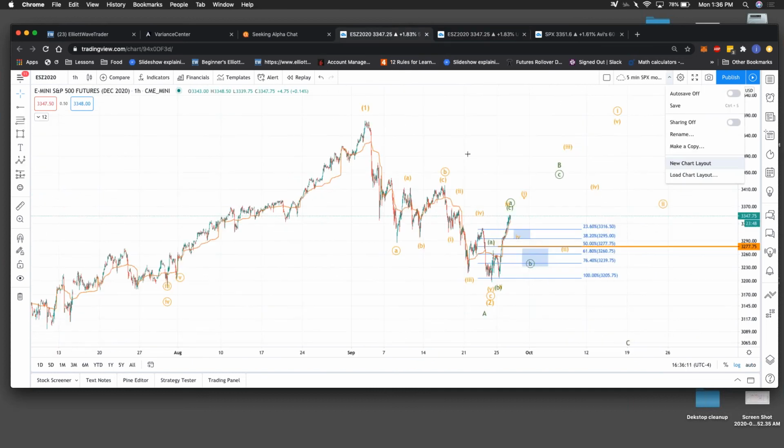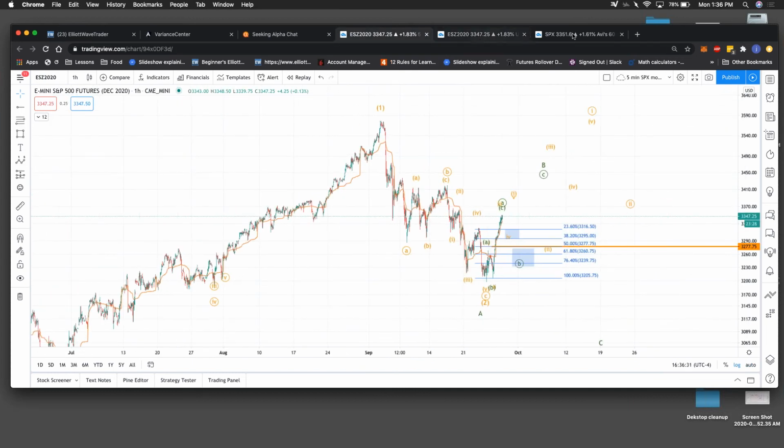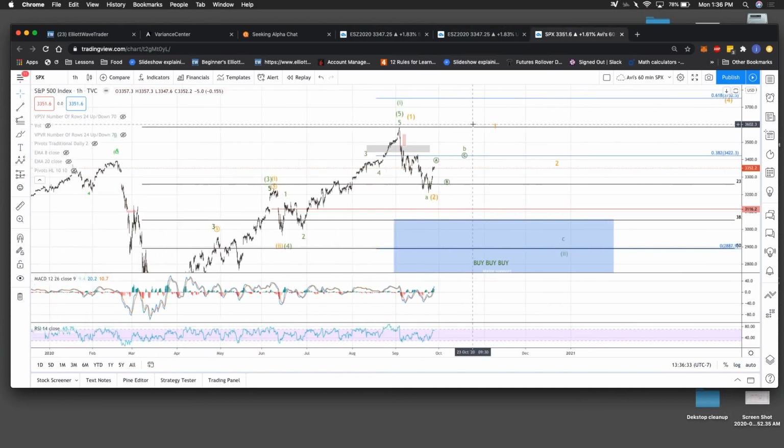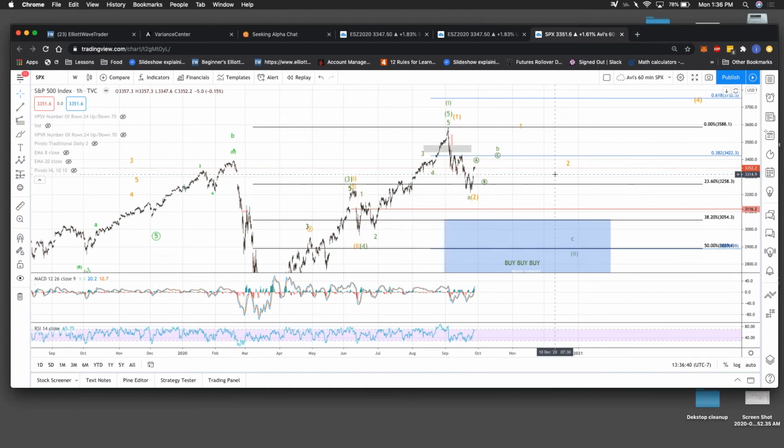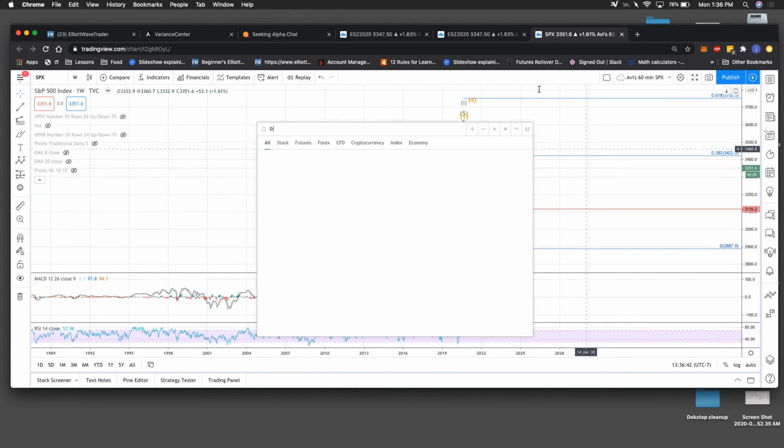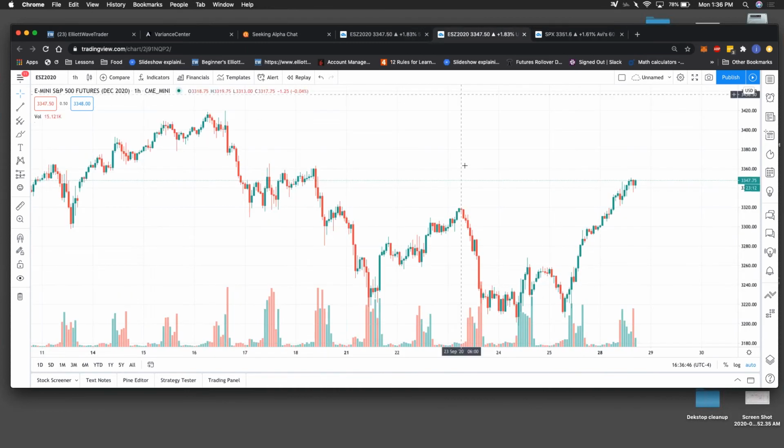So first off, in order to consider that we're going to get a lower low here, we wouldn't even be looking for... I'm going to go to this actually.